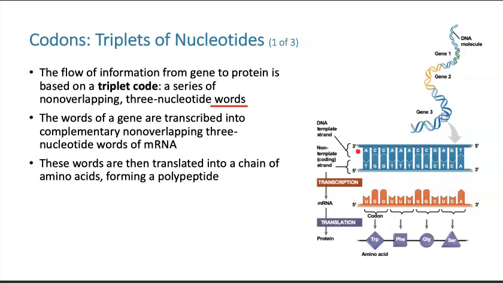So if we look in the DNA, you could think about there being 3 letters in a row. That might be a triplet code. But that's not exactly correct, because where the triplet comes into play is when it's in the mRNA, the messenger RNA. So those 3 non-overlapping, 1, 2, 3 here, 1, 2, 3 here, 1, 2, 3 here, each of these is a triplet code.